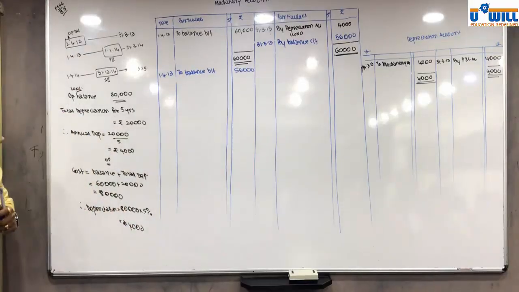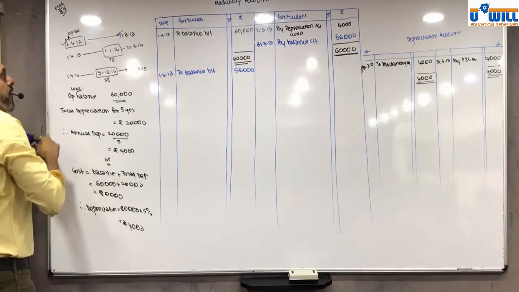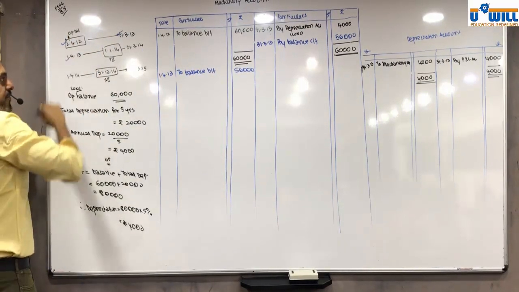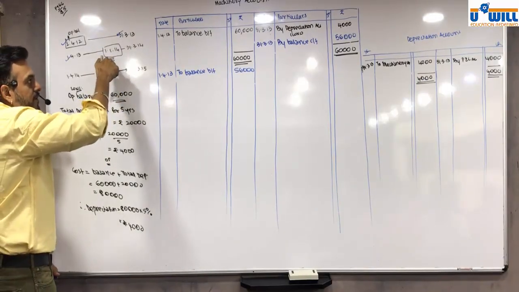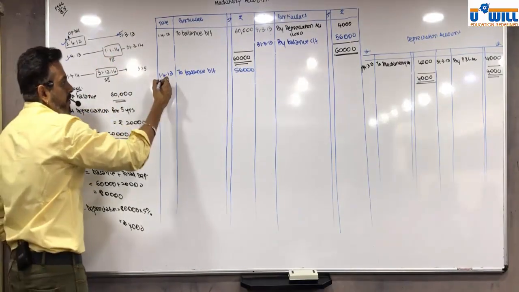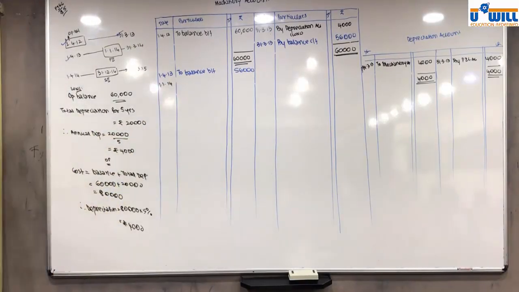In this sum we have to make both machinery and depreciation accounts. In the previous sum we also did the effects in annual accounts for the first year and the second year. Now please follow these dates. First year is over. Second year opening balance done. On 1/1/2014 we are buying a machine, so purchase on the debit side, 1/1/2014. For how much did we buy the new machine?